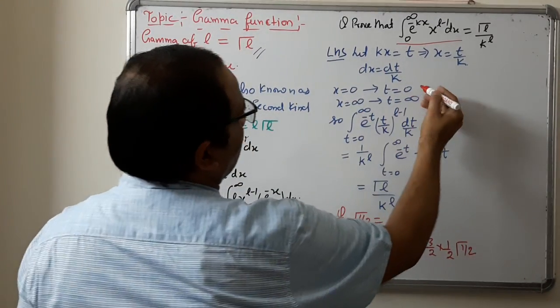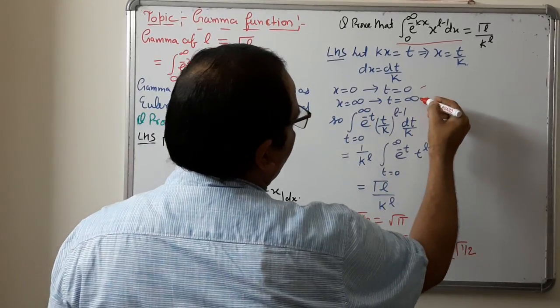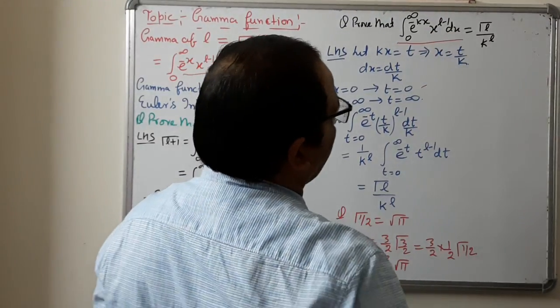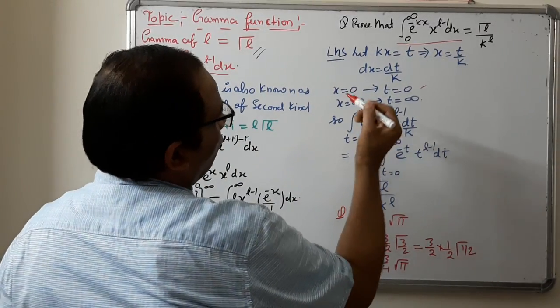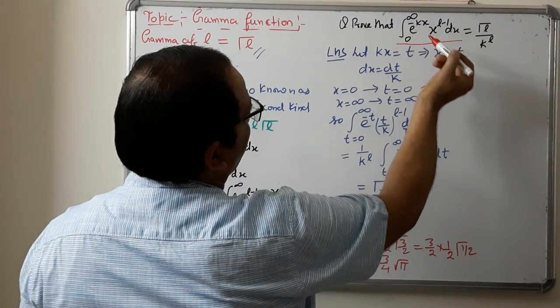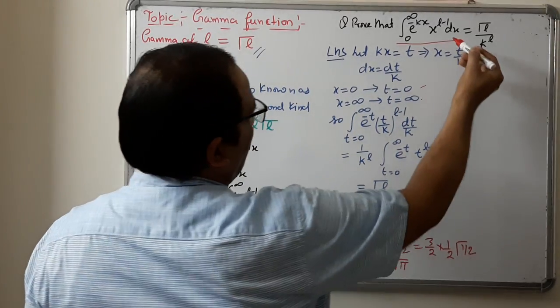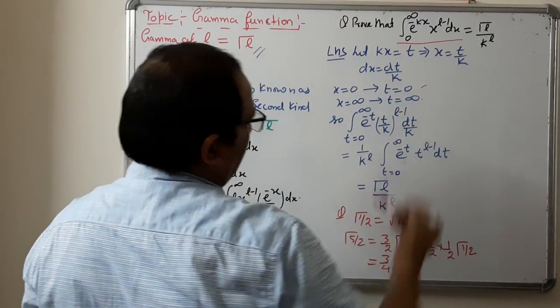When x equal to 0, t is equal to 0. When x equal to infinity, t equal to infinity. Put all the values in the given integration left hand side. So t equal to 0 to infinity e to the power minus of t, x is t upon k whole power L minus 1, and value of dx is dt upon k.